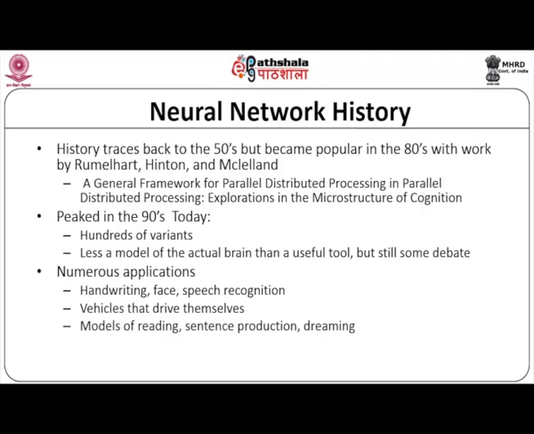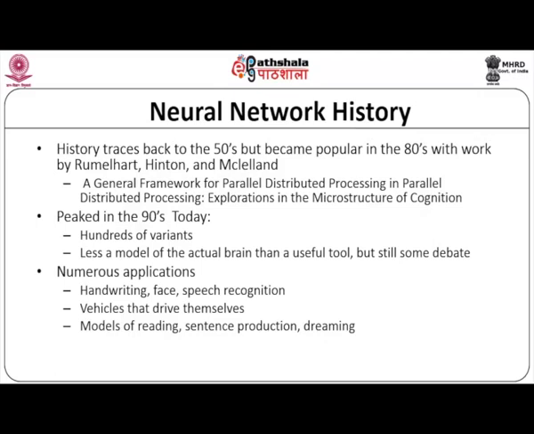Hundreds of variants of neural networks and their designs came into the picture, less a model of an actual brain than a useful tool, but there was still some debate about the application of neural networks in different areas. There is a variety of applications in which neural networks fit suitably. A few examples: handwriting.